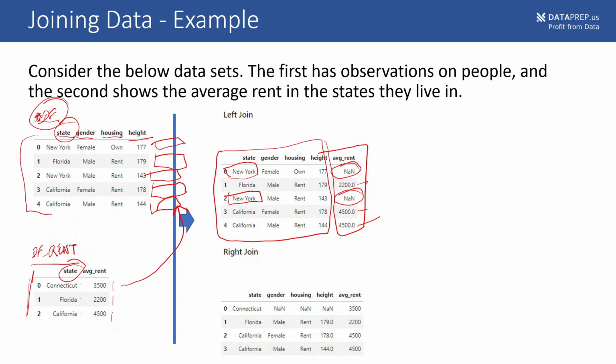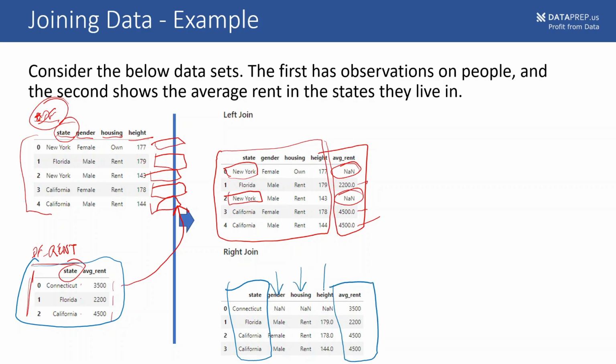Now imagine if we were to do a right join. Let's change the ink color so that I can write in a different thing. Now, what I do now is I take this data frame and I copy it as it is. And then I populate all these other columns from the first one, right?